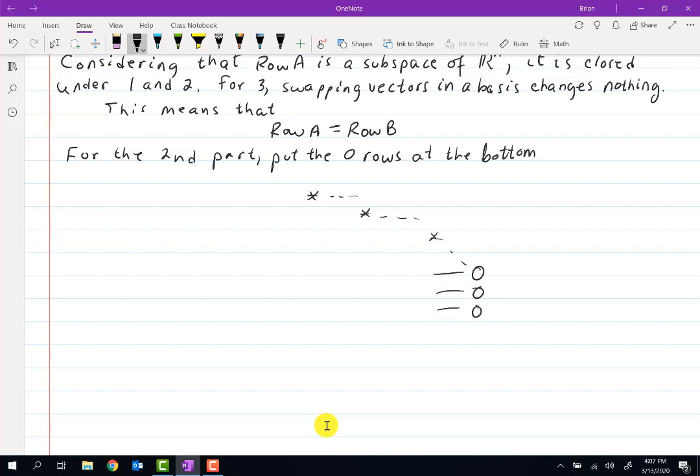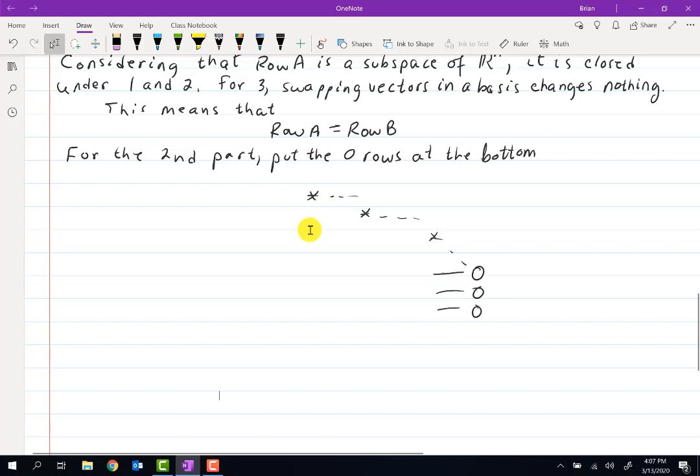What would happen when we put them all down there? The fact that it's an echelon means that as we progress from one row to the next row, the first non-zero term has to be to the right of the last non-zero term from the previous row. The reason why is if I have them stacked up, then I can use the leading non-zero term, the pivot if you will, to wipe out the items below and above it.